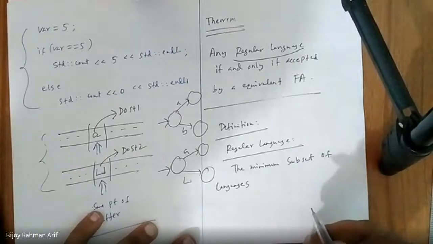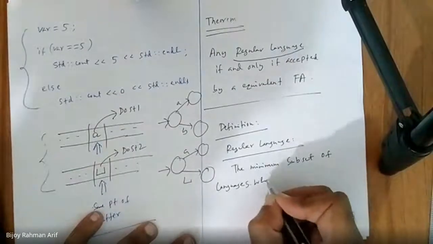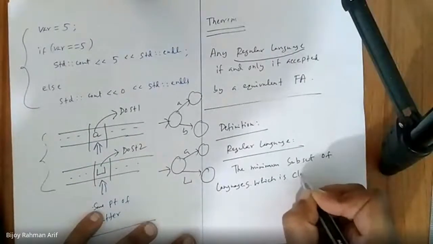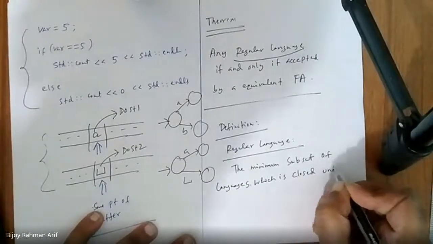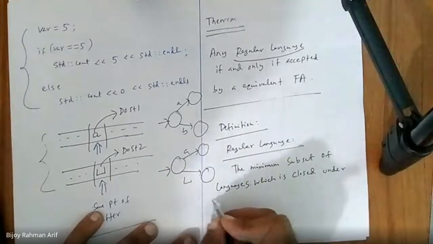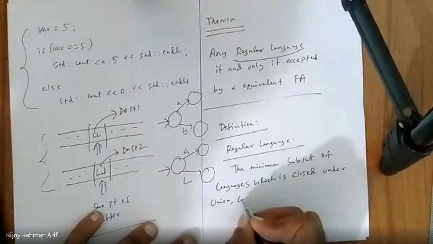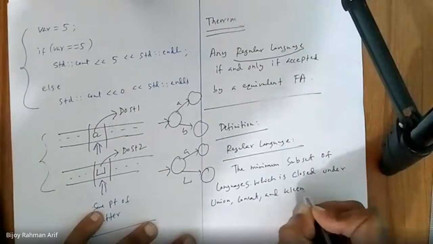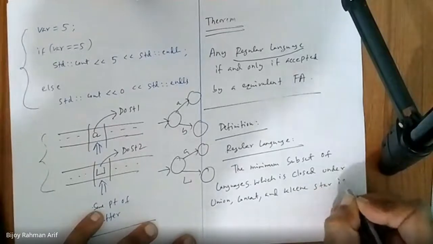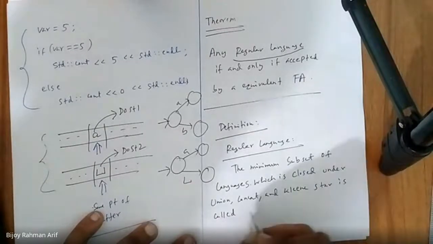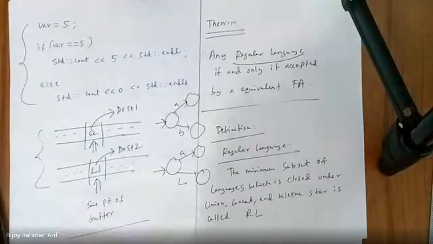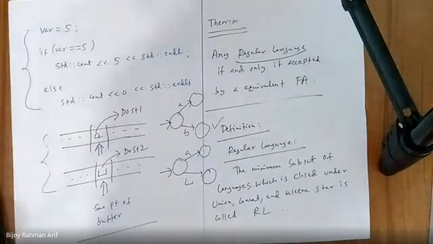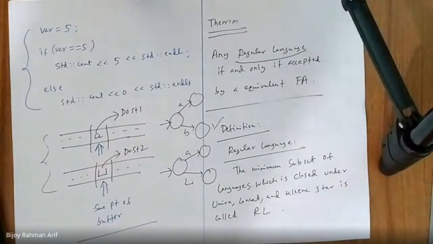The minimal subset of languages which is closed under union, concat, and closure is called RL, regular language. So this is the definition. There is nothing to prove in the definition, because the definition defines the regular language.